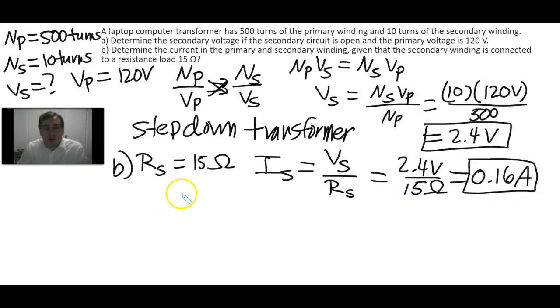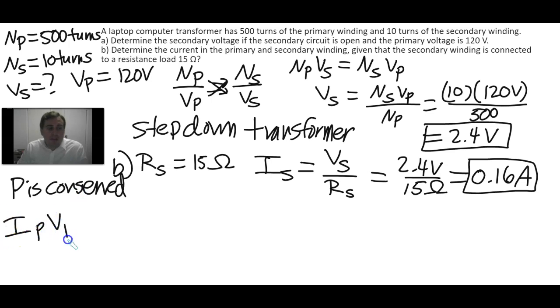Now how about the current on the primary? If the power is conserved, then I primary, V primary, is equal to I secondary, V secondary. Now notice, we should be able to solve for the current on the primary because we have the voltages and we now have the current on the secondary.